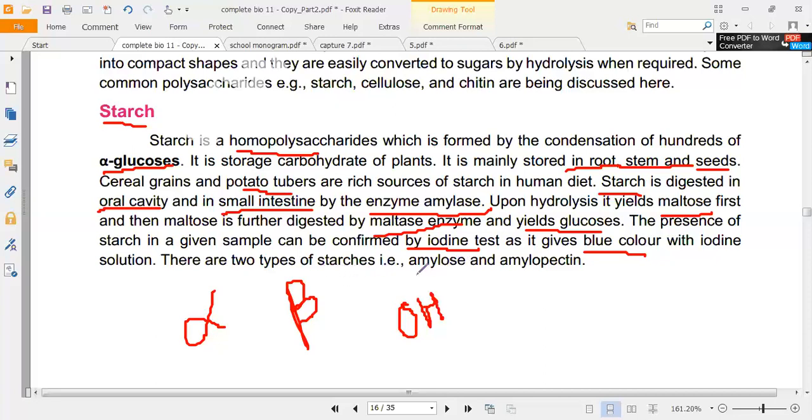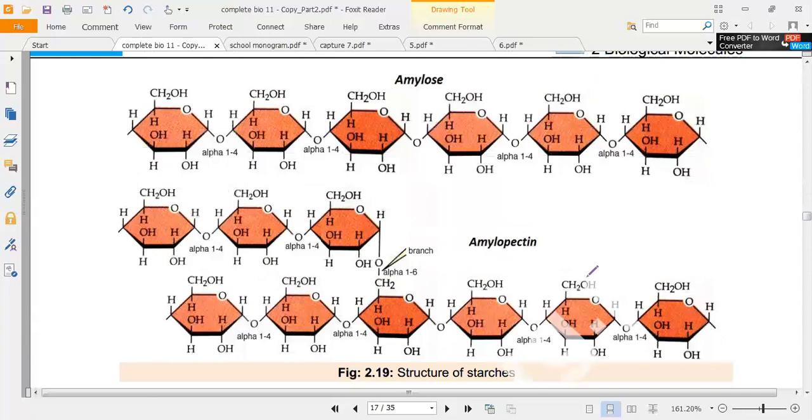So there are two types of starches, amylose and amylopectin. What are these? Actually, you can see there's not too much difference, but the structural slight difference is in the bonding. If we see, this is amylose, and amylose, this is what? Glucose ring.